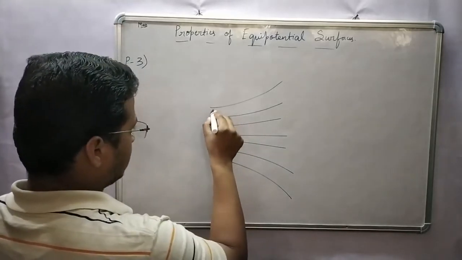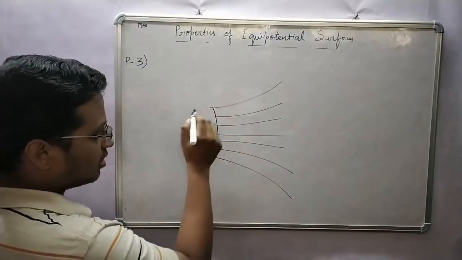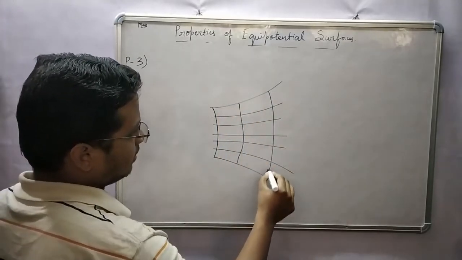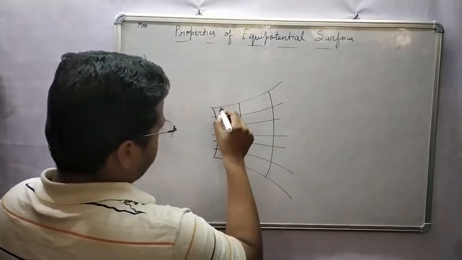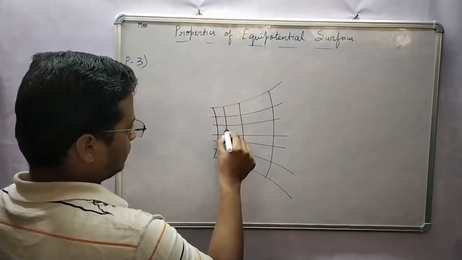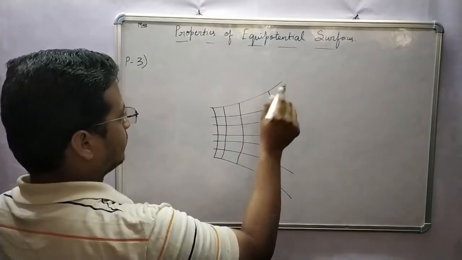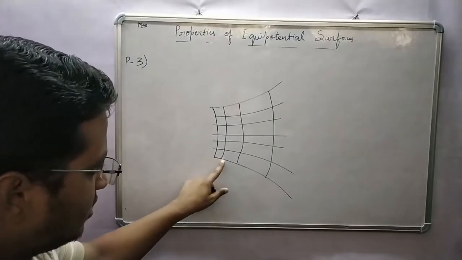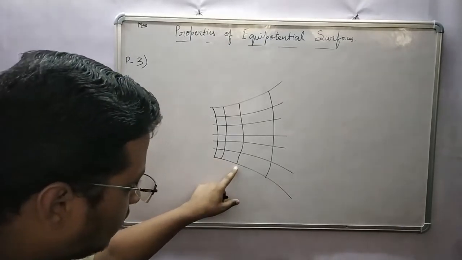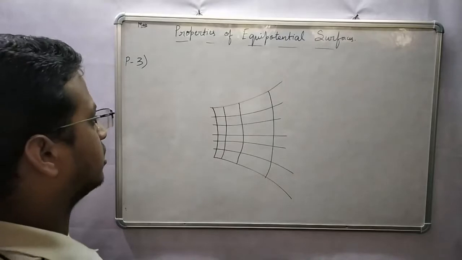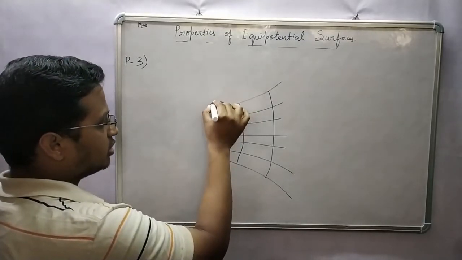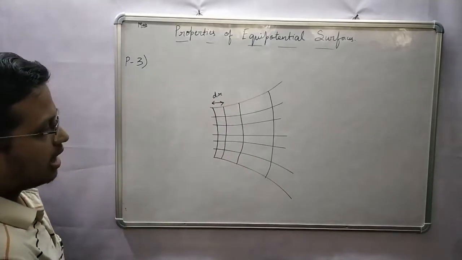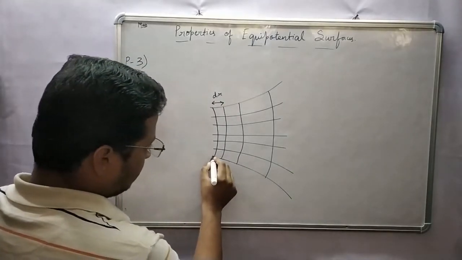Now in this case, the equipotential surfaces are a bit curved in nature. This is an equipotential surface, this is another equipotential surface, this is one more equipotential surface, and so on. Suppose the spacing between these two equipotential surfaces is dr and the electric field is E here.